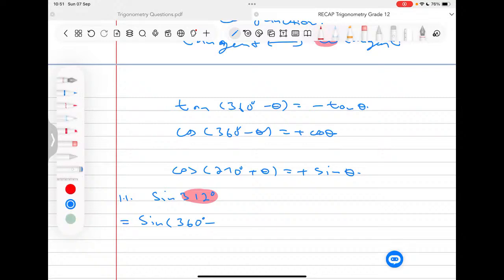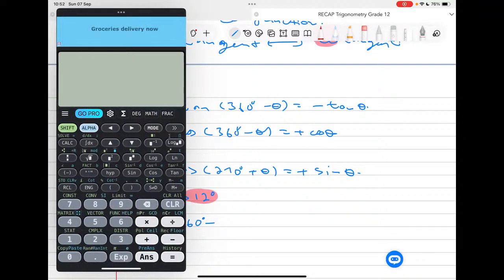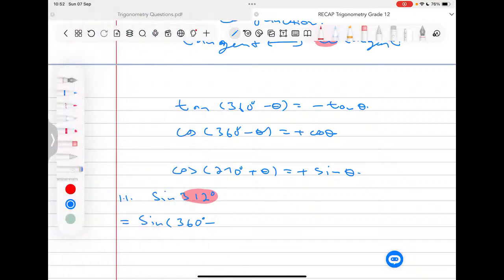Now this is where you can use your calculator: 360 minus 312 gives 48. So if I subtract 48 degrees, these angles are the same, because 360 degrees minus 48 gives 312, right?